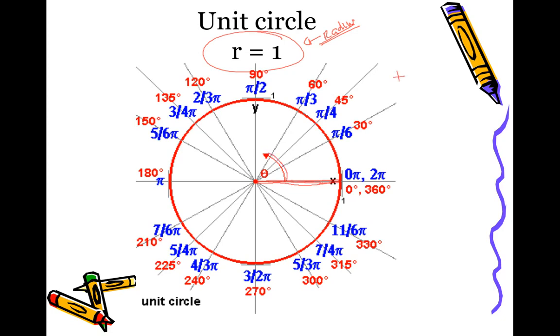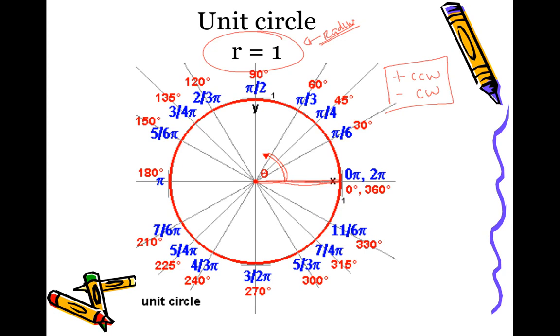Positive is counterclockwise, negative is clockwise. You had 30 degrees is pi over 6, 45 is pi over 4, 60 is pi over 3, 90 is pi over 2. You're looking at fractions of a semicircle. And from 0 to 2 pi, we're going to look at this as one rotation.